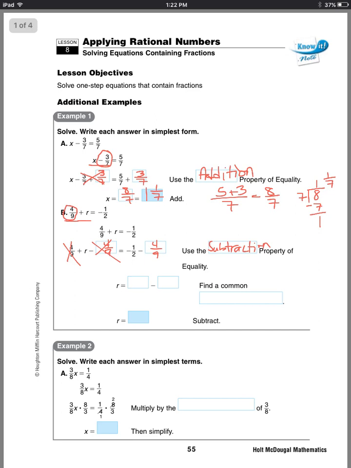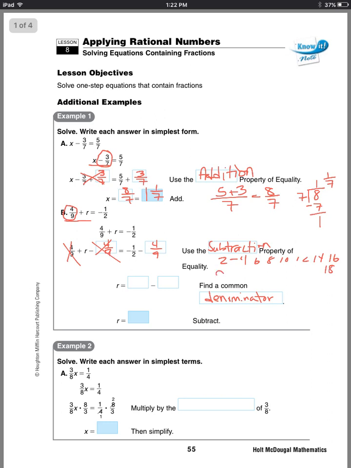Now we have to find a common denominator. So let's think about this. We have, I'm sorry, not 4. We have 2, and that can be 4, 6, 8, 10, 12, 14, 16, and 18.